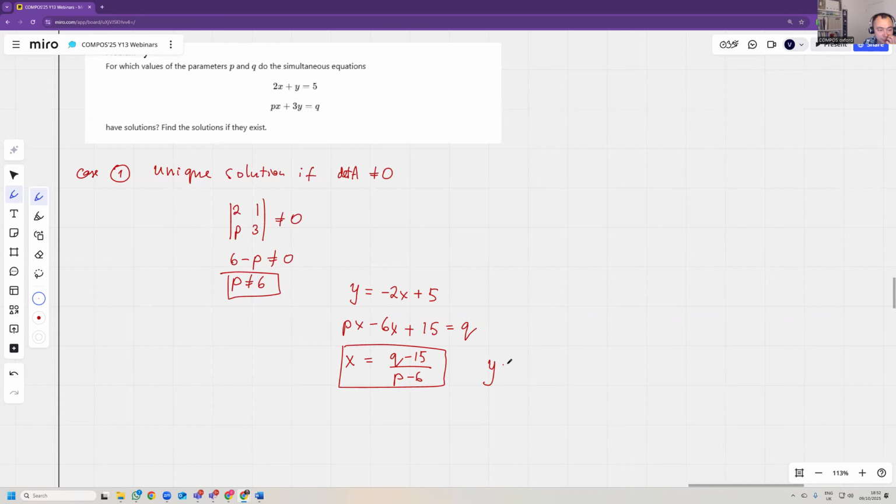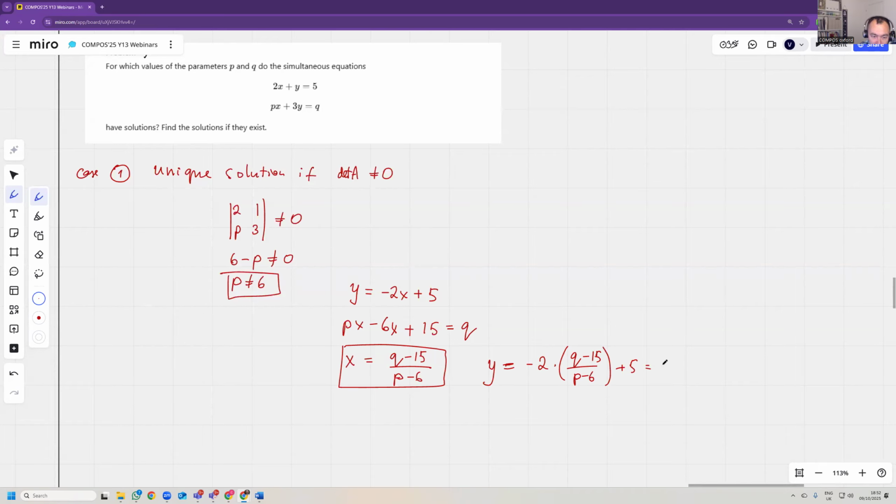And as you can see why p is not 6, because if p is 6, x does not exist. And then y is minus 2 multiplied by q minus 15 divided by p minus 6, plus 5.